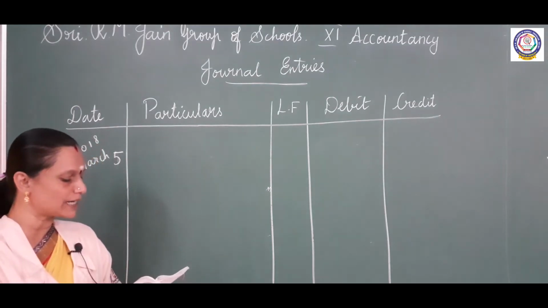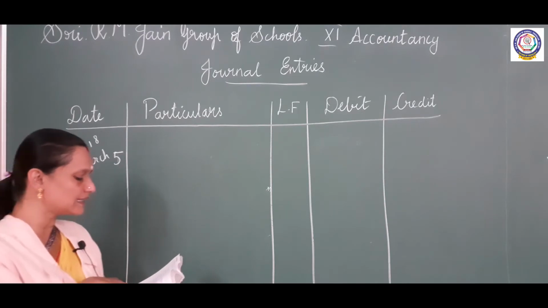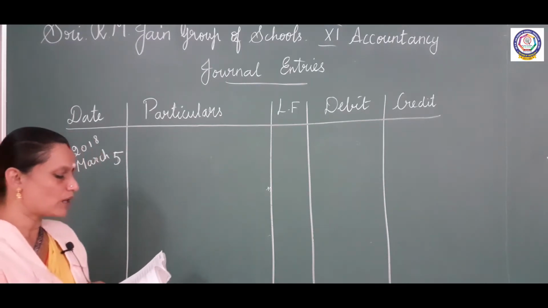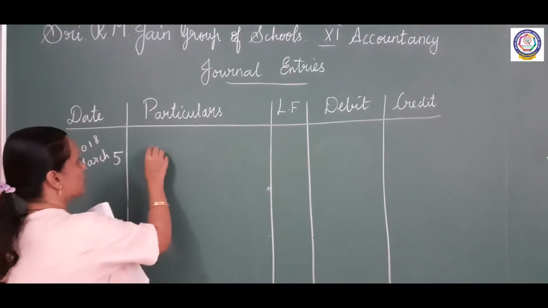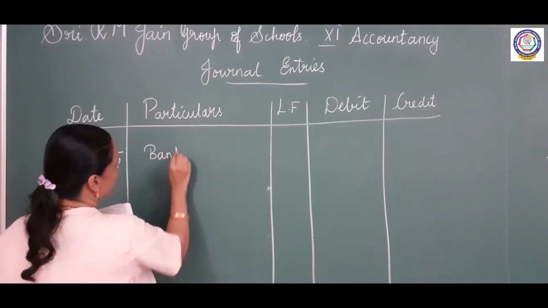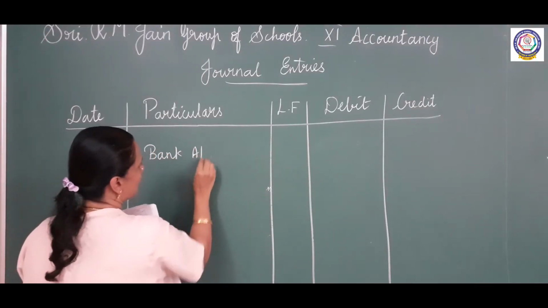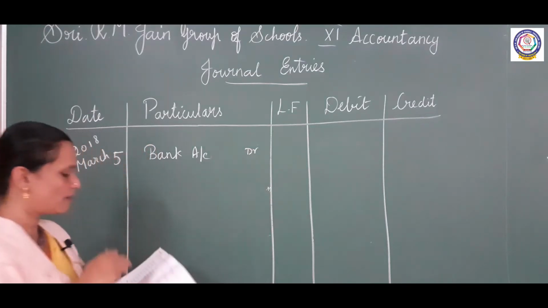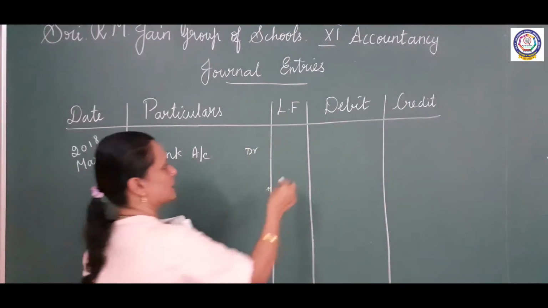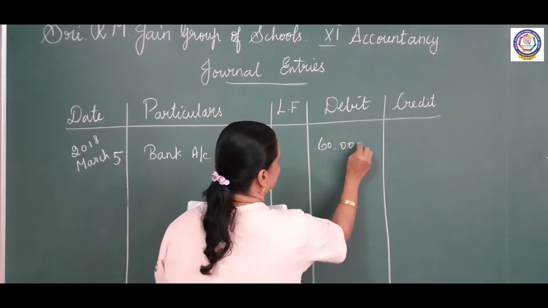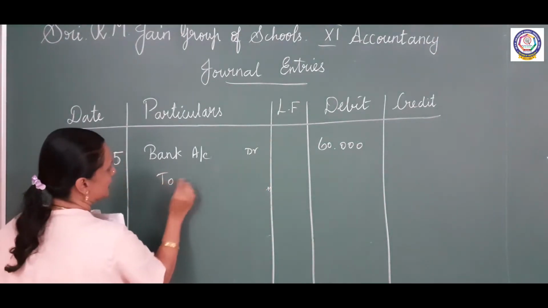So sales made to Vivek. So they are selling the goods to Vivek. So what you should write? The amount is going to bank. Bank account debtor, how much? 60,000, to sales.